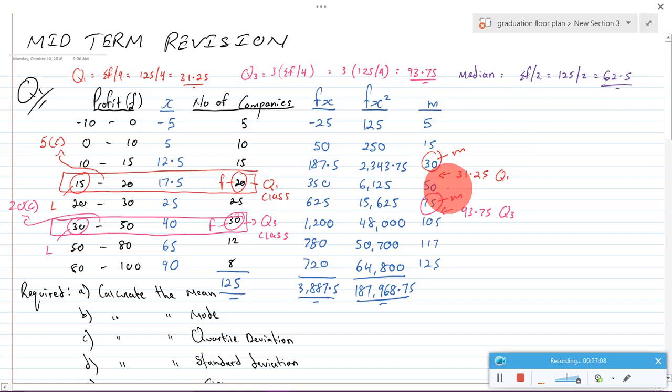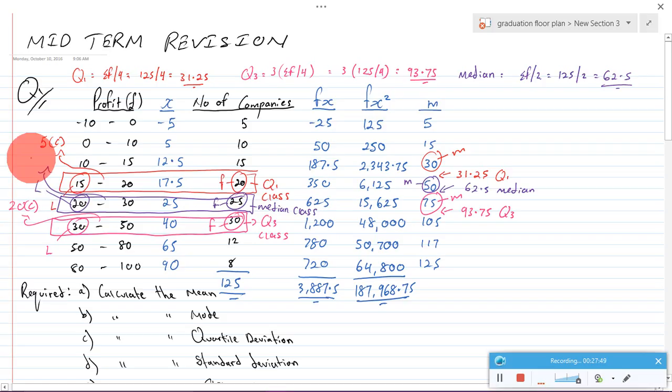Okay, so now one more, last but not least, which is F, coefficient of variation. No space here, let's do it here. Do you still remember the formula? Standard deviation over mean, times 100.